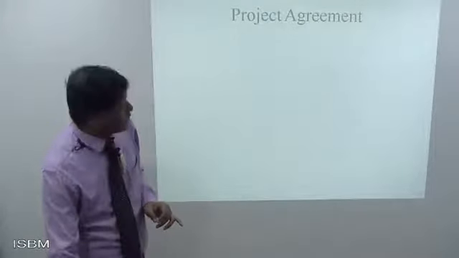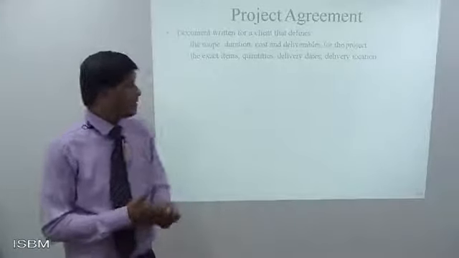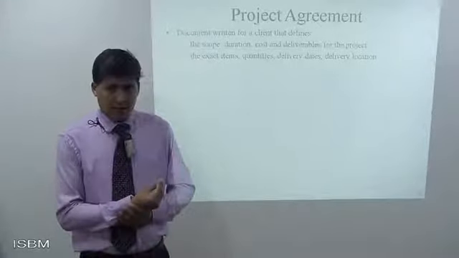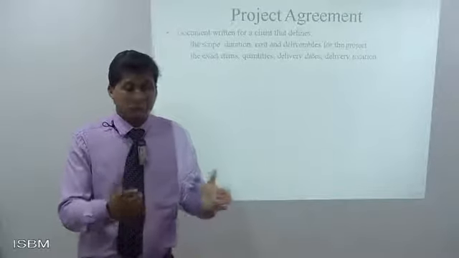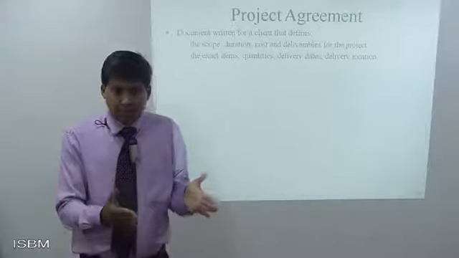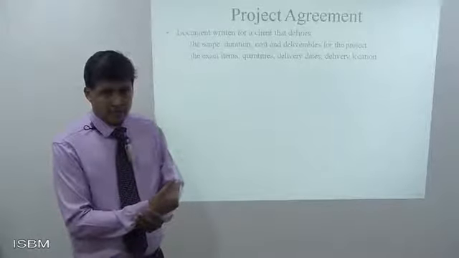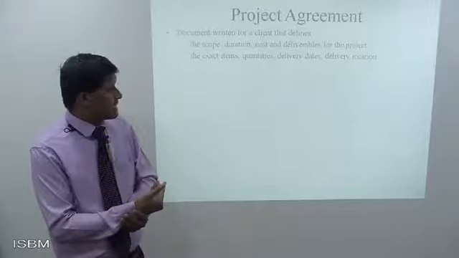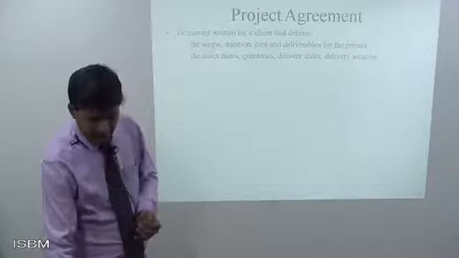Project agreement. This is an important part when it comes to the structure of a project. It is a written document for the client that defines. Whenever a project is started, there has to be a written agreement stating the scope, duration, cost, deliverables for the project, exact items, quantities, delivery dates, delivery locations.